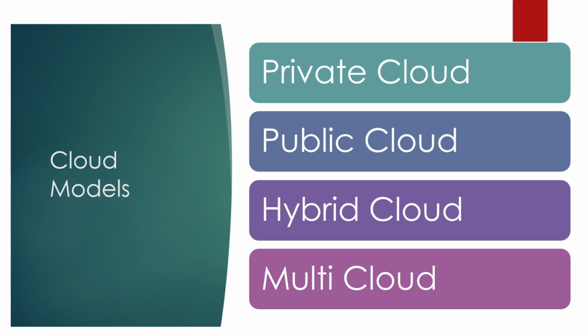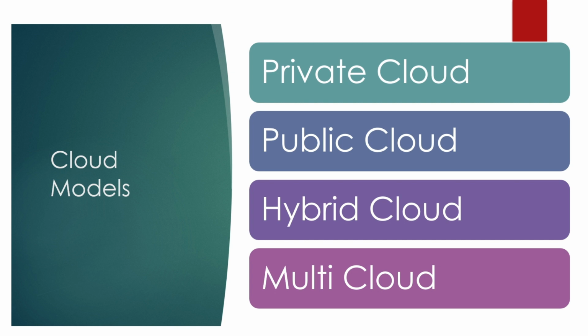The second is public cloud. Public cloud is what we generally use. In public cloud, we get all the benefits of cloud infrastructure, but the thing is, here the infrastructure is shared among different clients or different tenants. What that means is, let's say in a data center, there is a rack, and in the rack, there are n number of machines. And one of those machines is running n number of virtual machines. And let's say that machine is capable of running 10 virtual machines, and I need only 2.